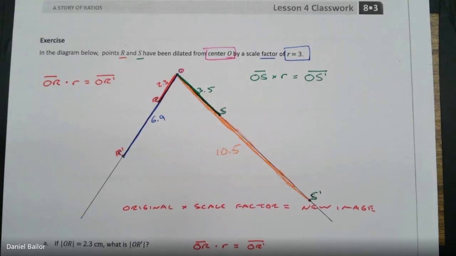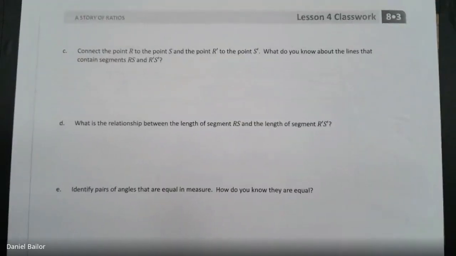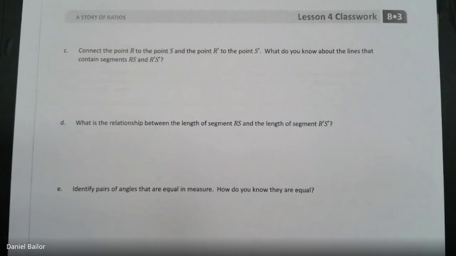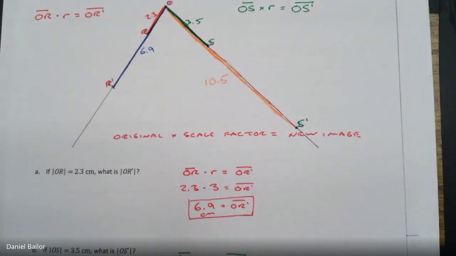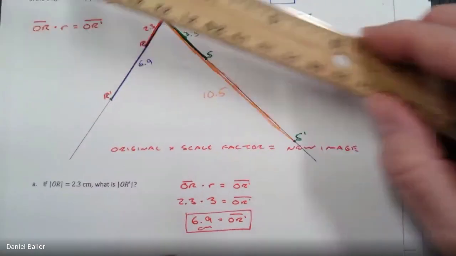We're not done yet, because if you look at page 38, it tells us to do something for part C. It says connect the point R to the point S and R prime to S prime. So let's connect those first. So that's where you need your ruler. Connect R to S right here.